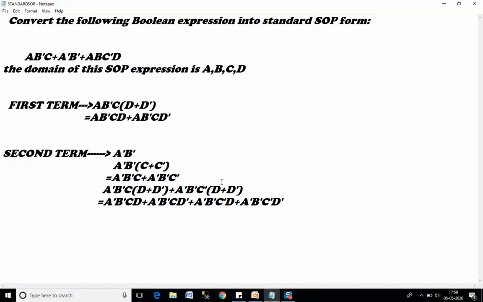So I have just converted this second term into the SOP form.